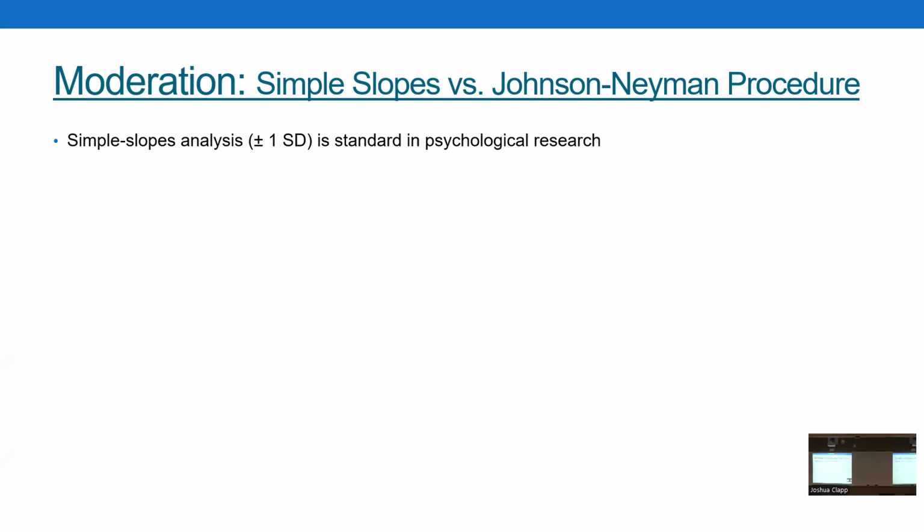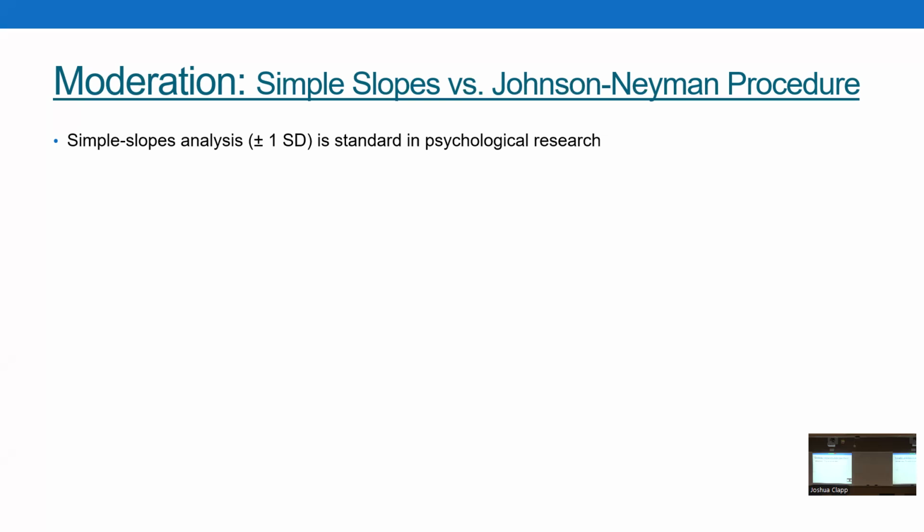But there's an infinite number of simple slopes that could be calculated across the full range of that moderator, right? And I might start to get interested in where the relation between X and Y stops being significant. At what point is my conditional effect no longer there?